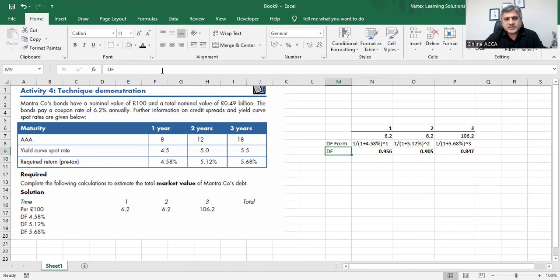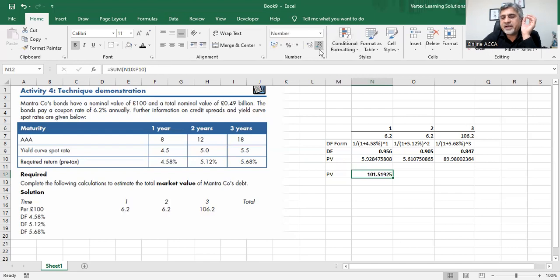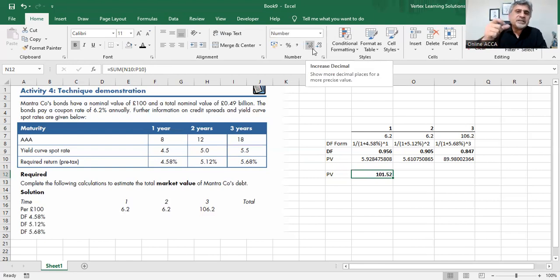So you will put the discount factors and then you will say the present value. 6.2 into this one, and you make this one, and then you say how much is the present value total. That would be equals to the sum value of this one. Always remember, whether you are calculating the market value of a bond or a debt or anything, it is always equal to the present value of the future cash flows.